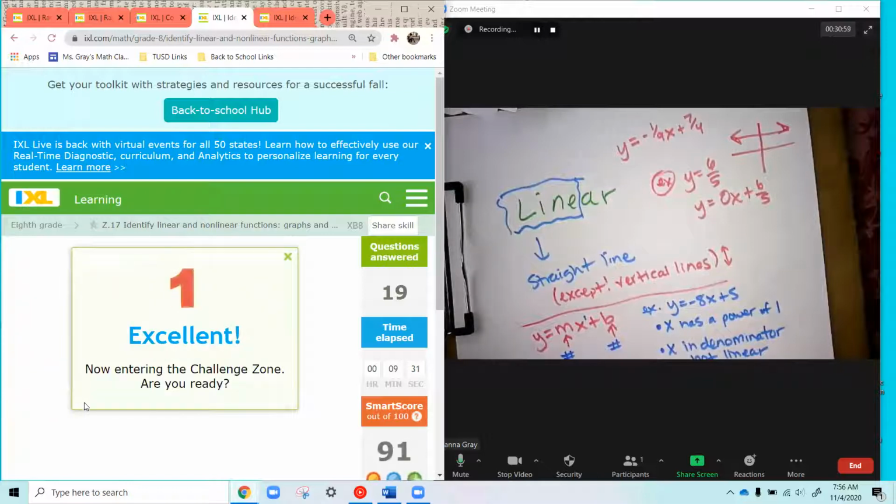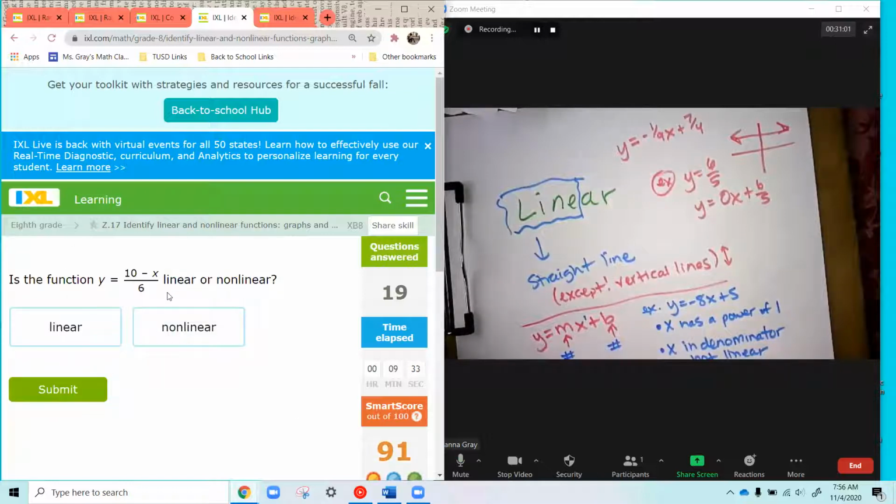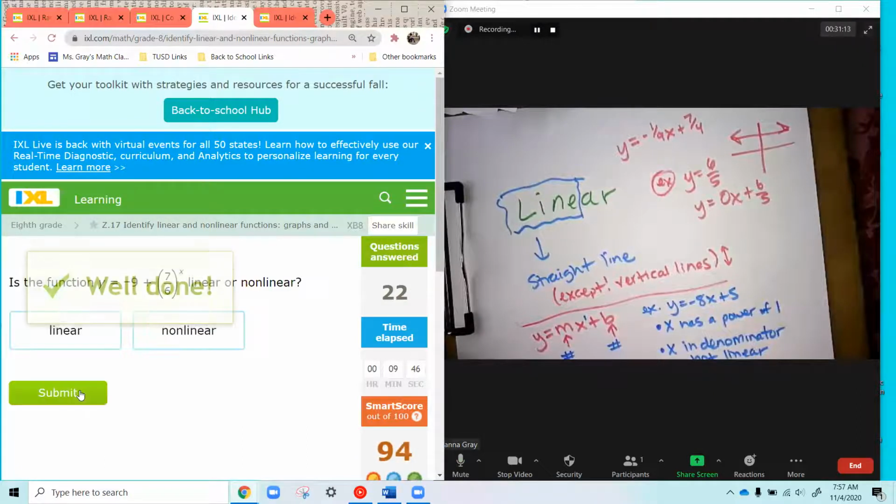Ooh, here I go. Let's see if I can do it. Ooh, top of the fraction, power 1, looks pretty linear. Ooh, power 2, no way. Power 1. Exponent? No way, can't be in the exponent either.